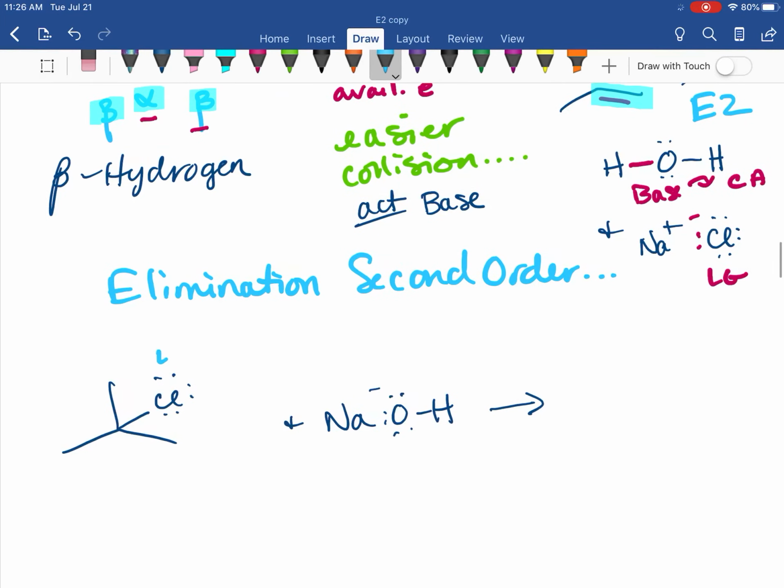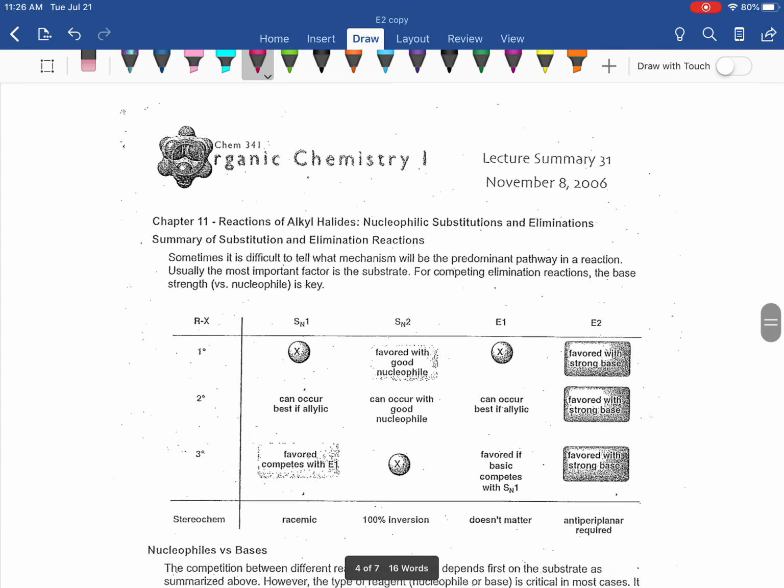Okay, so what are we going to do first? We're going to list out everything just like we did for our SN2. Let's start with our leaving group. Done. That means this carbon is our electrophile and it's tertiary. So right away, you have no SN2. Not going to happen. Here are our available electrons.